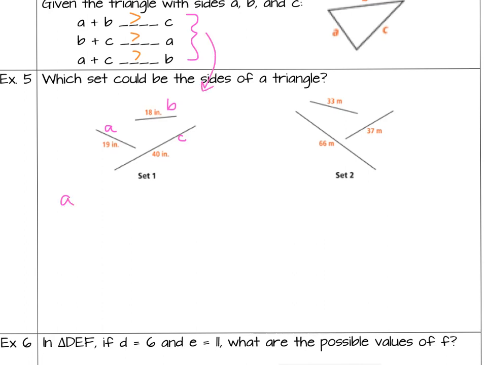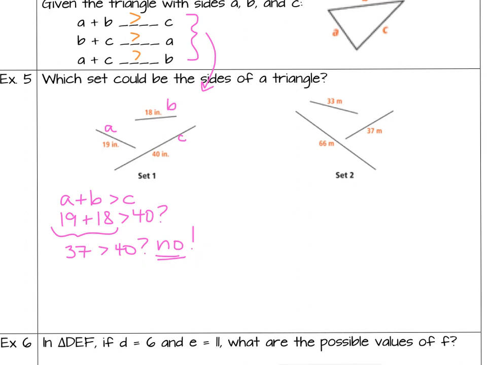First, if a plus b is greater than c, then we know that that inequality is true. But if we take 19 plus 18 and say that that's greater than 40, well, 19 plus 18 is only 37. Is 37 greater than 40? No, for sure it's not.